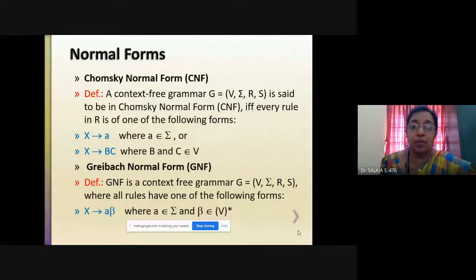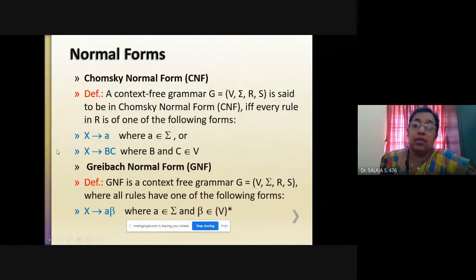Okay, we'll go ahead with normal forms. There are two normal forms which you have to work on. The easiest way of understanding is that a normal form will have one variable on the left hand side, which is common for CFG. Now this context-free grammar can be called Chomsky's normal form, provided on the right hand side of the variable, it has two variables or one terminal.